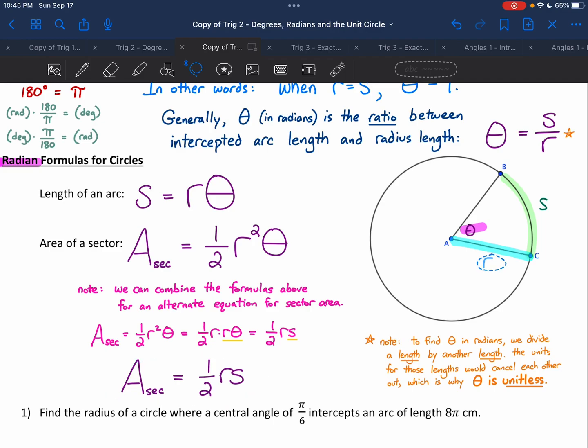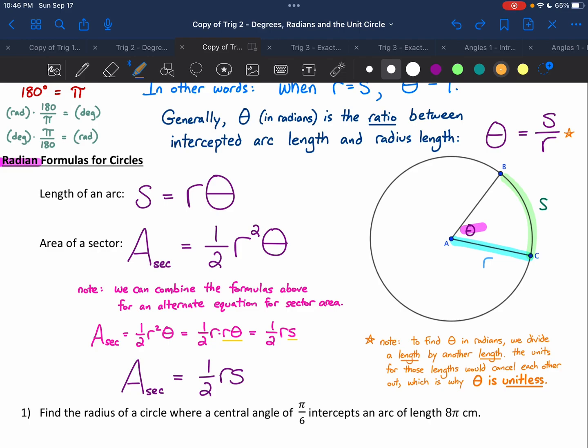As long as you know the length of the radius and the length of the arc, you've got your formula right there. And that makes this look even more like the formula of an area of a triangle. Kind of makes sense. This slice of pizza looks like it wants to be a triangle over here, but, you know, not quite. But we can sort of use our two formulas in tandem to make that happen.